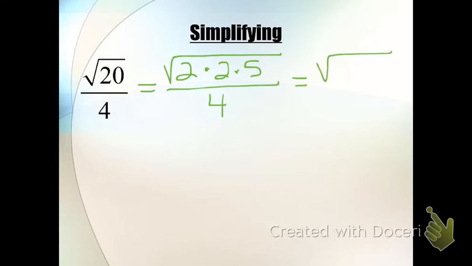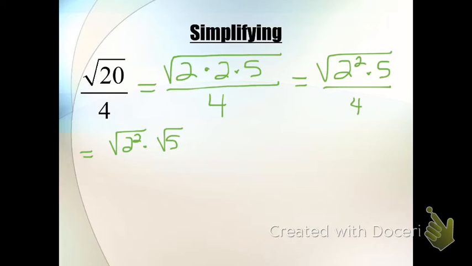And 2 times 2 can be rewritten as 2 squared. And now I can use my product property in the numerator, and I can change this into the square root of 2 squared times the square root of 5. And I know that squaring and square rooting are inverses, so that first radical, the square root of 2 squared, just equals 2.